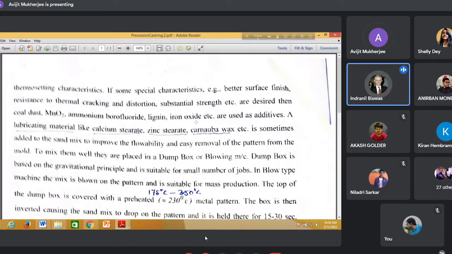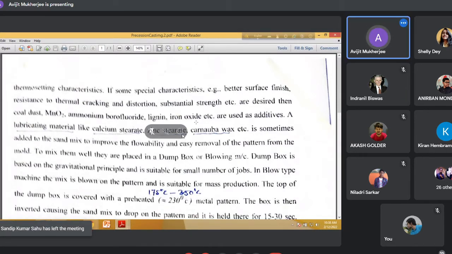Okay. So what are the lubricating materials? Calcium stearate, zinc stearate, carnauba wax, a special type of wax. So these are the lubricating materials: calcium stearate, zinc stearate, carnauba wax. Why is this used?